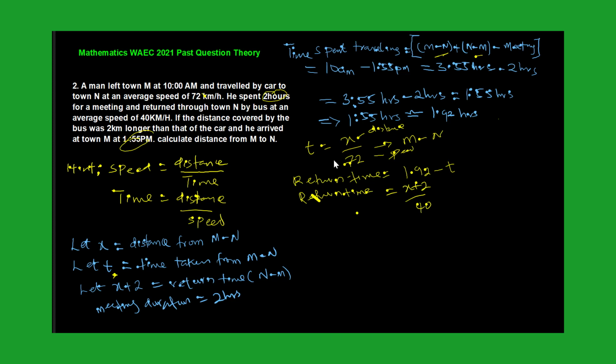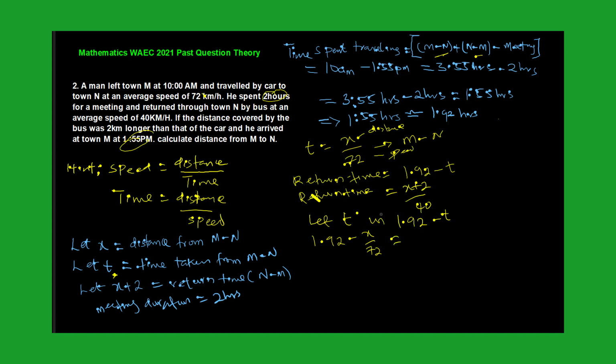Since T equals X all over 72, let's substitute T in 1.92 minus T. Remember, T is X all over 72, so 1.92 minus X all over 72.